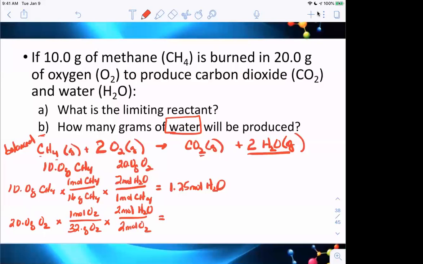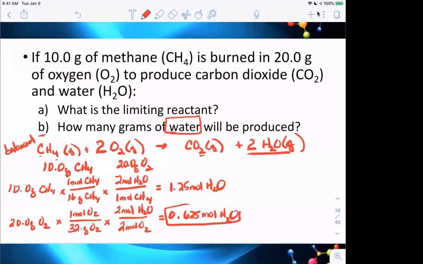So when I calculate that, I have 20 divided by 32, which gives me 0.625 moles of water. Which number is smaller, 1.25 or 0.625?